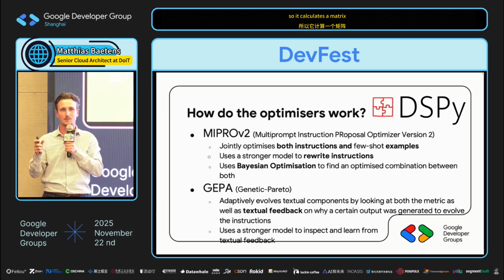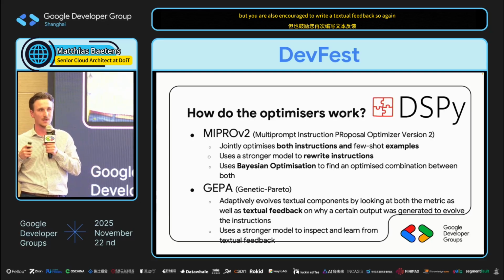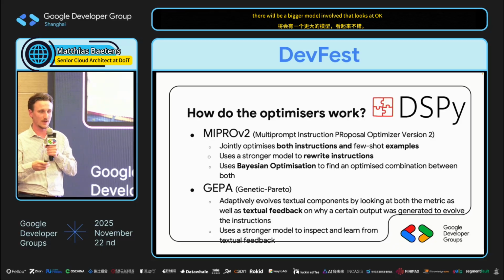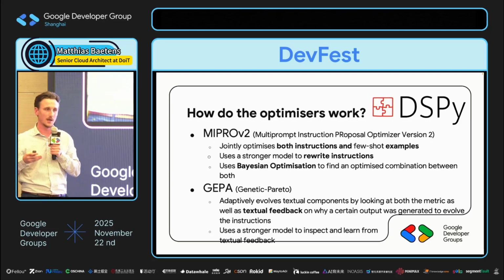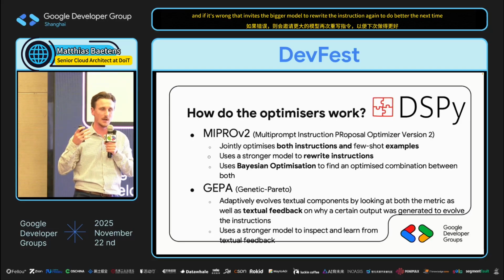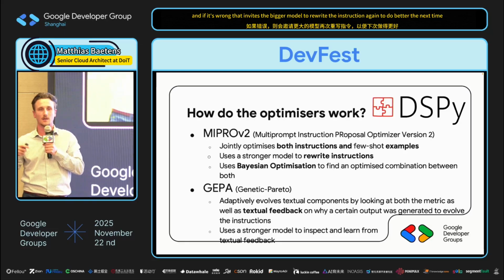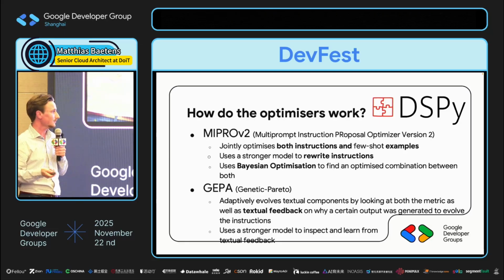So it calculates the metrics, but you're also encouraged to write a textual feedback. So again, there will be a bigger model involved that looks at, okay, I classified this as a how-to. Can you explain why you did that? And if it's wrong, that invites the bigger model to rewrite the instruction again to do better the next time.